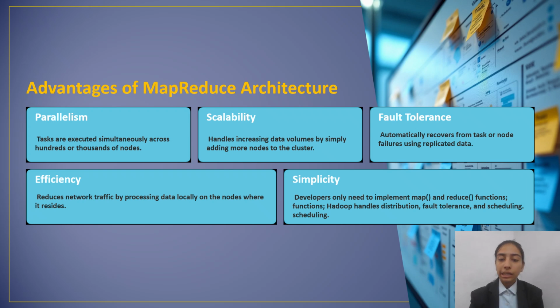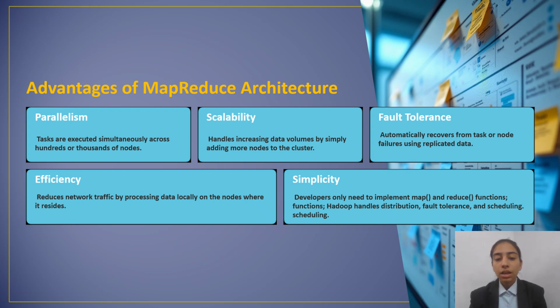Scalability. When data grows, you can easily add more machines to handle it. Simplicity. Developers only need to write simple map and reduce functions. Hadoop takes care of everything else. Fault tolerance. The system keeps running even if some machines fail, making it very reliable.